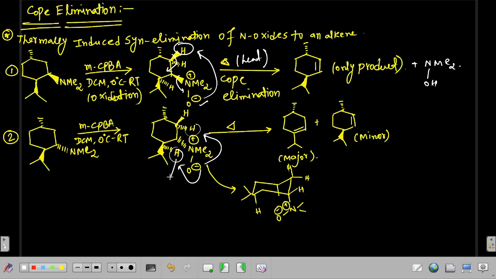If it abstracts this proton, it will form like this. And it leads to the removal of this NMe2OH. So it will form two products: one is this alkene, and another one is this alkene.